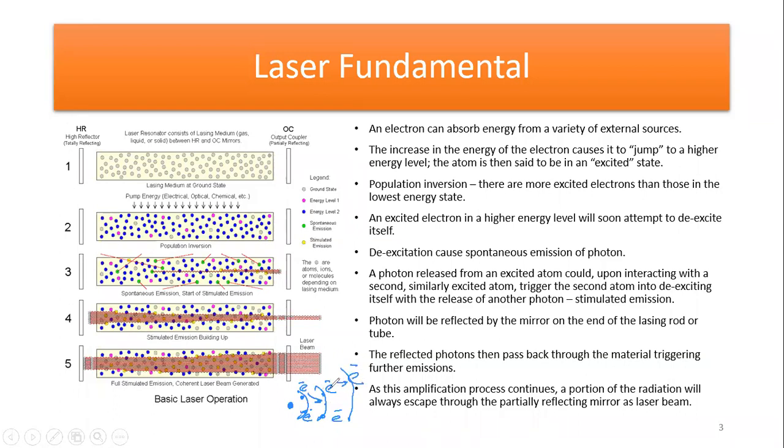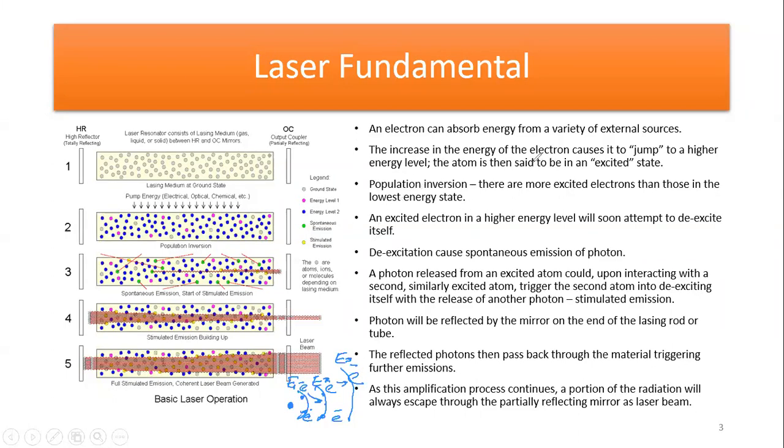So this happens if you supply energy to the atom. Electrons will jump from a lower orbit to a higher orbit. Let's say, for example, this is at energy band 1, this is energy band 2, this is energy band 3. So when the atoms get external energy, electrons will absorb that energy, and it actually will jump into a higher level.